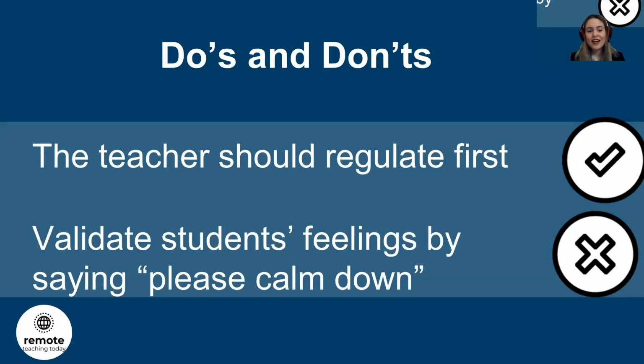And telling students, please calm down, won't really help. So let's avoid direct commands. We mentioned before how to validate students' feelings, telling them it's okay to feel this way, for example, and similar expressions.